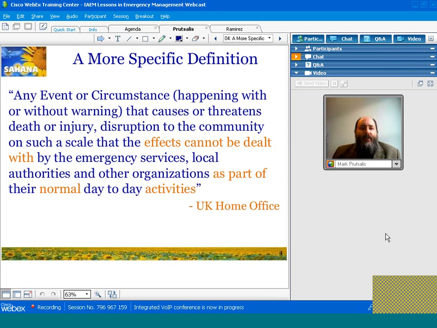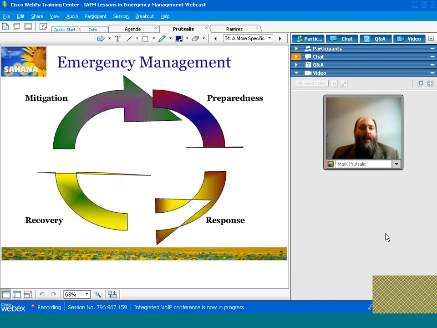A more specific definition comes from the UK Home Office and extends that to the thought that a disaster's effects are of the scale that cannot be dealt with by traditional emergency services and the local authorities and other organizations. So this makes disaster management, from my perspective, a little distinct from traditional emergency management tasks that don't require outside or ordinary assistance. And that's really the landscape where we come from.